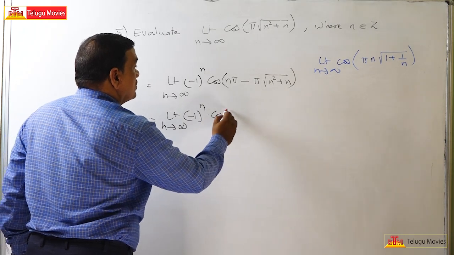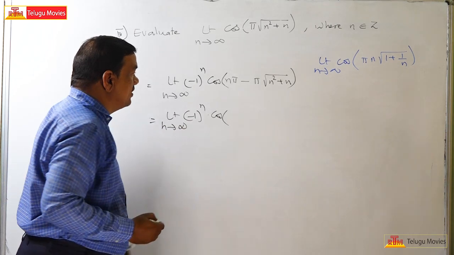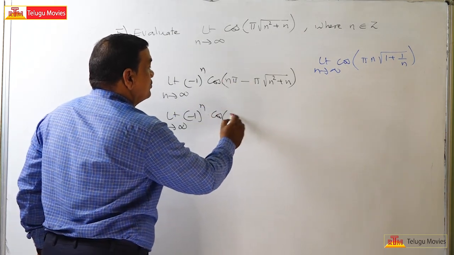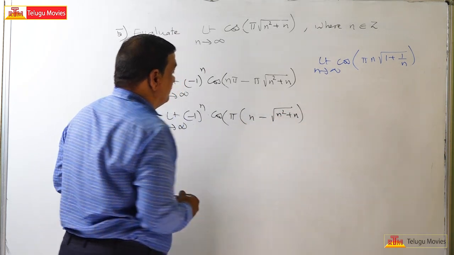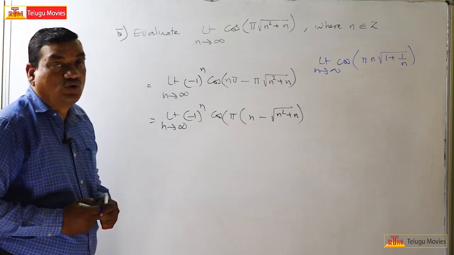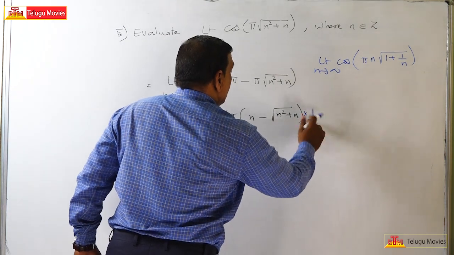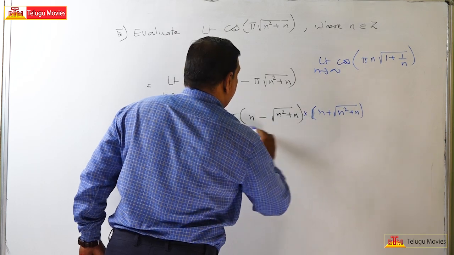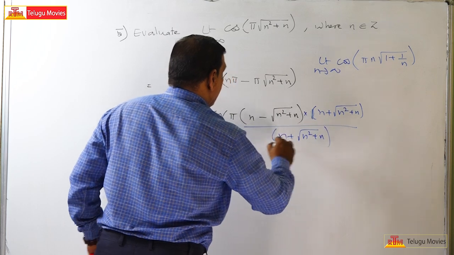So this is a cos of, now you take n common outside. So you can take pi also common outside. If you take pi common outside, this is equal to n minus root of n square plus n. So multiply the numerator and denominator with n plus root of n square plus n. Right.